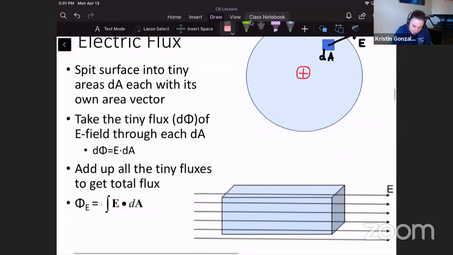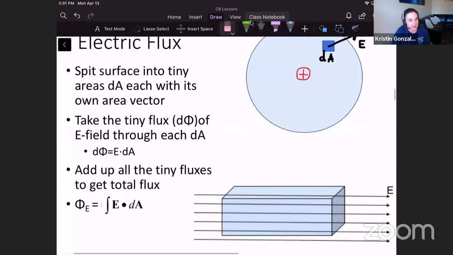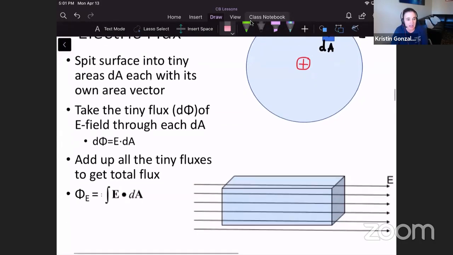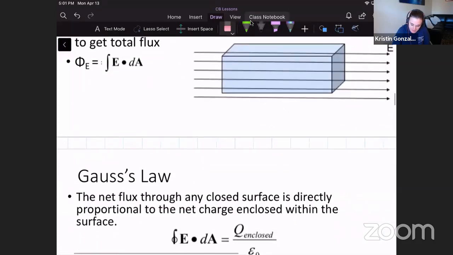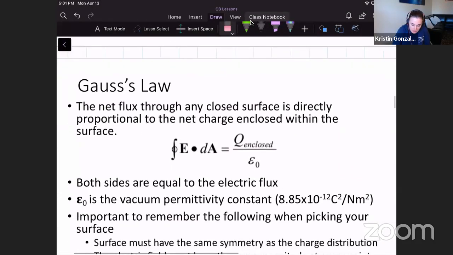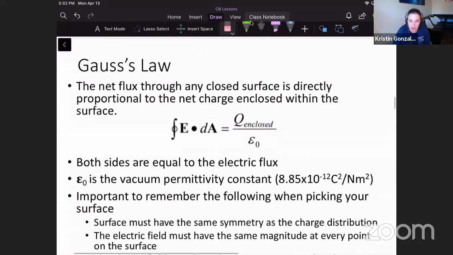It is the integral of E dot dA, and we can also use Q enclosed over epsilon naught. If we set both of those equal, that gives us Gauss's law: the closed surface integral over our Gaussian surface of E dot dA is equal to Q enclosed over epsilon naught.